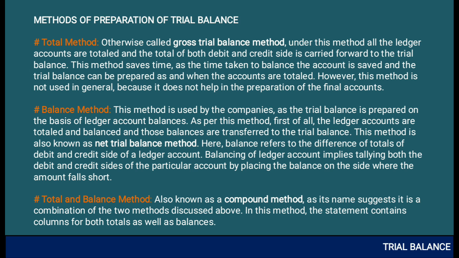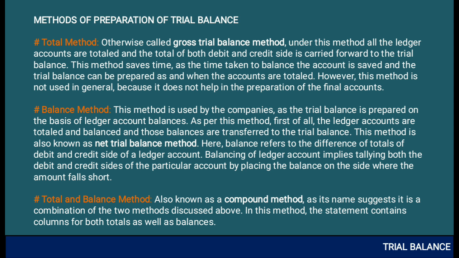If the total of the debit side is 100 rupees and the total of the credit side is 80 rupees, then there will be a balance of 20 rupees, and that balance will be considered as a debit balance. Because if the total of the debit side is more than the total of the credit side, it will be considered as a debit balance. But if the total of the credit side is more than the total of the debit side, in that case it will be considered as a credit balance.